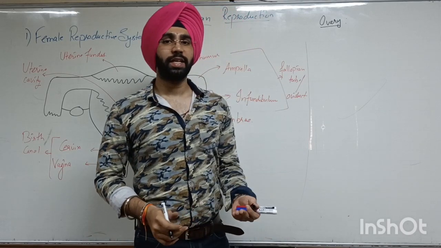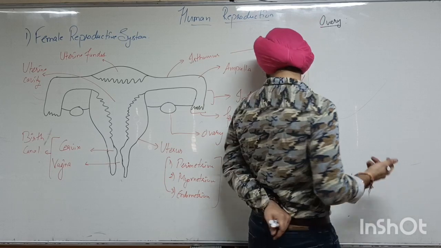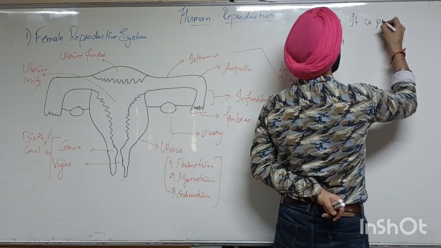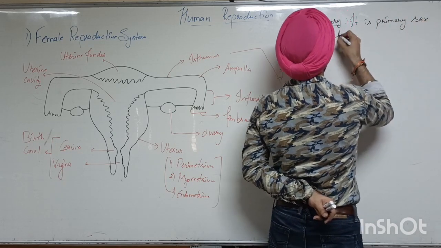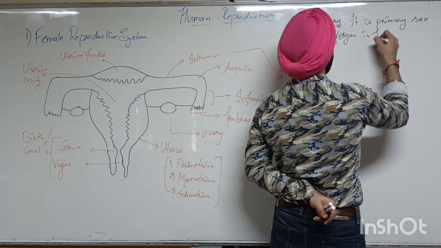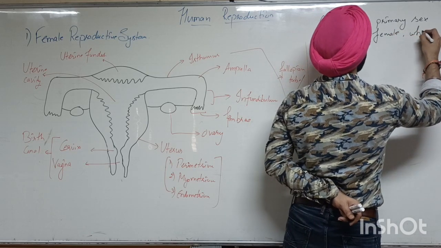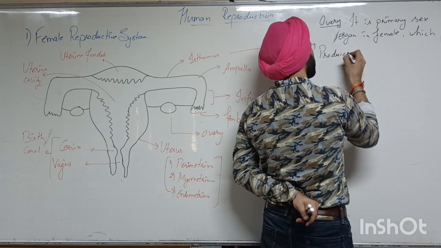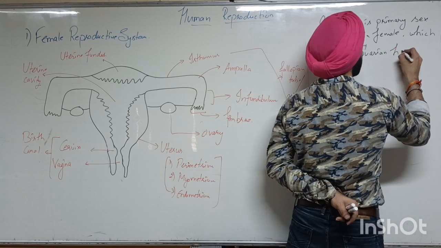Ovary is the primary sex organ in females which produces female hormones, or we can say ovarian hormones.